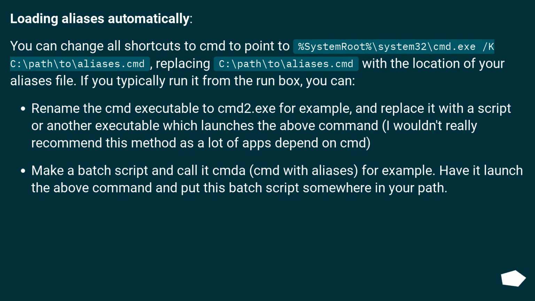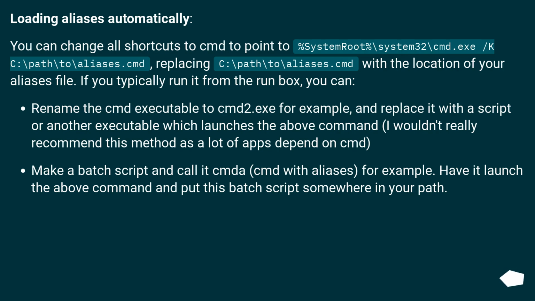If you typically run it from the run box, you can rename the cmd executable to cmd2.exe for example, and replace it with a script or another executable which launches the above command. I wouldn't really recommend this method as a lot of apps depend on cmd.